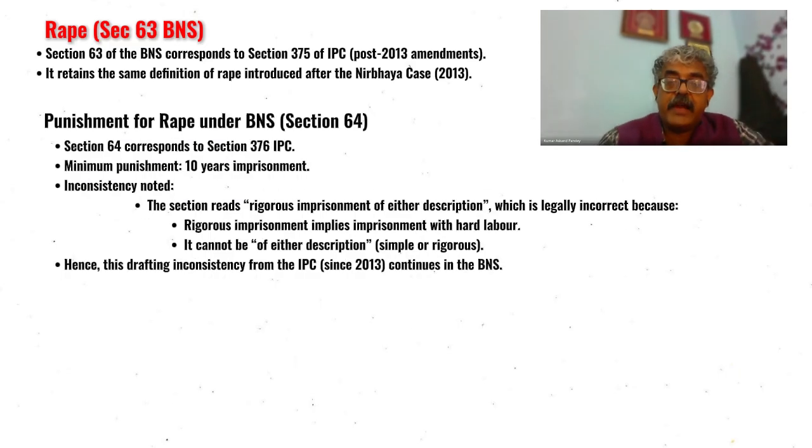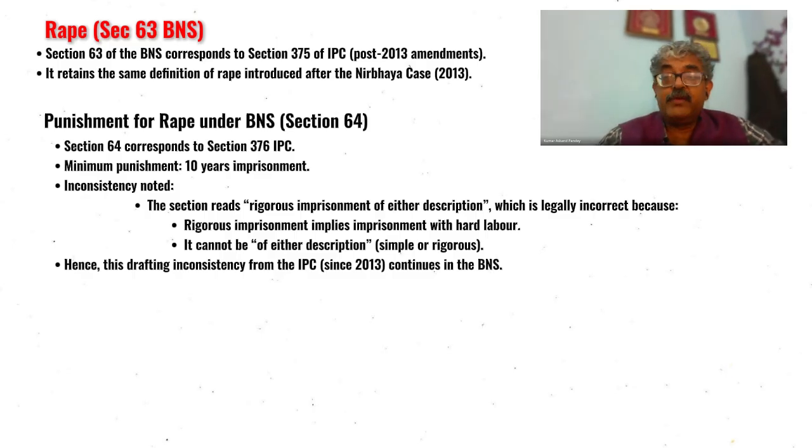As far as punishment for the offense of rape is concerned, that is now in section 64 of Bharatiya Nyaya Sanhita, and there are no changes. However, I would draw the attention of the participants to one incongruity as far as the language of section 64 is concerned. And that incongruity has only continued from at least 2013. What is that incongruity? You may be tempted to read even the language of section 64 clause 1, which corresponds with section 376 clause 1.